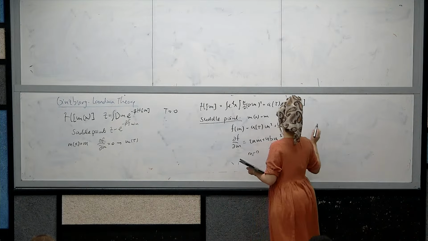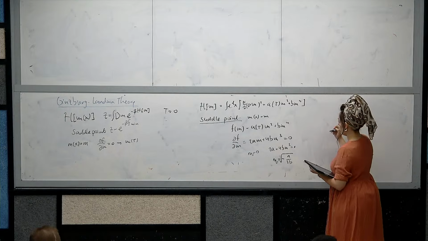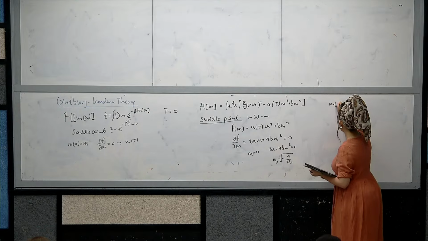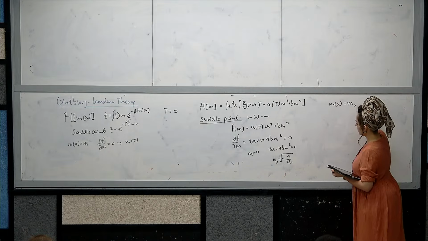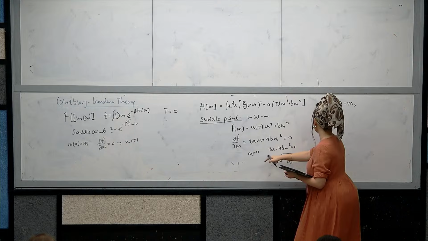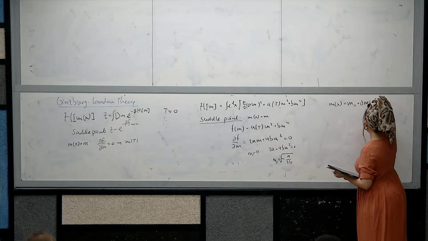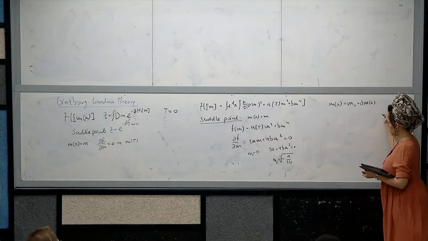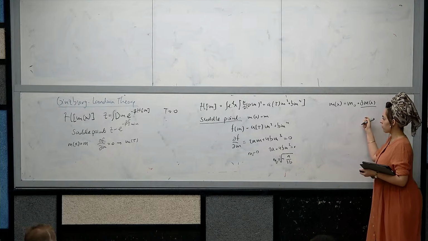Now we want to add fluctuation. So we start with, okay, we say that m(x) is m0, which is one of these solutions, plus some delta m, which depends on x. So this is the fluctuation.